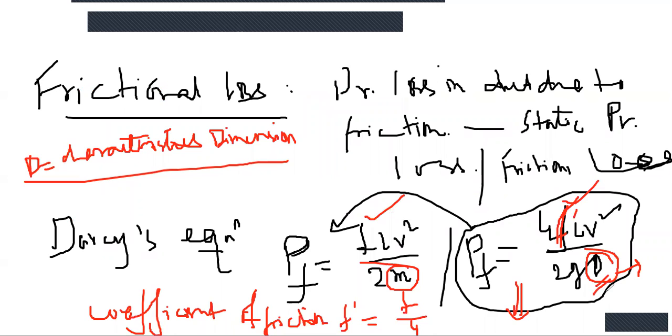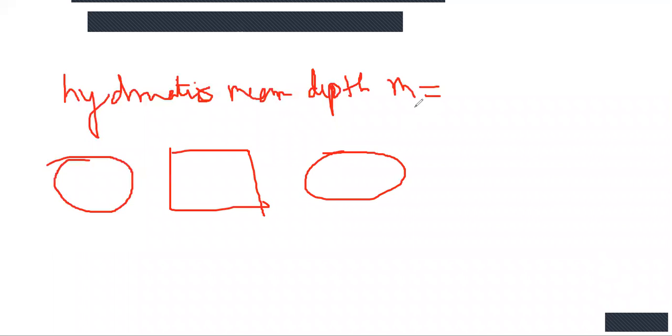Because for a rectangular shape, D is not valid. So that is why we will go for our characteristic dimension, that is M.